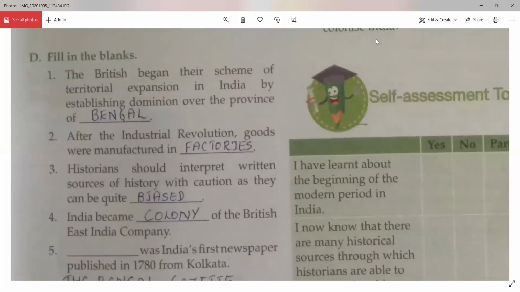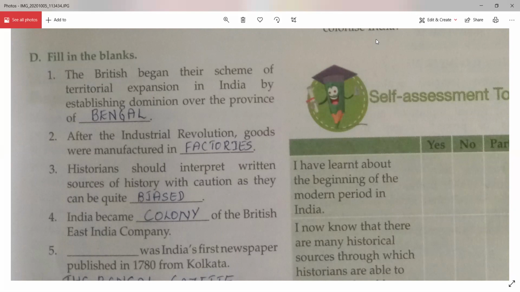Now, the British began their schemes of territorial expansion in India by establishing dominion over the province of Bengal. After the Industrial Revolution, where were goods manufactured? It was manufactured in factories using machines.